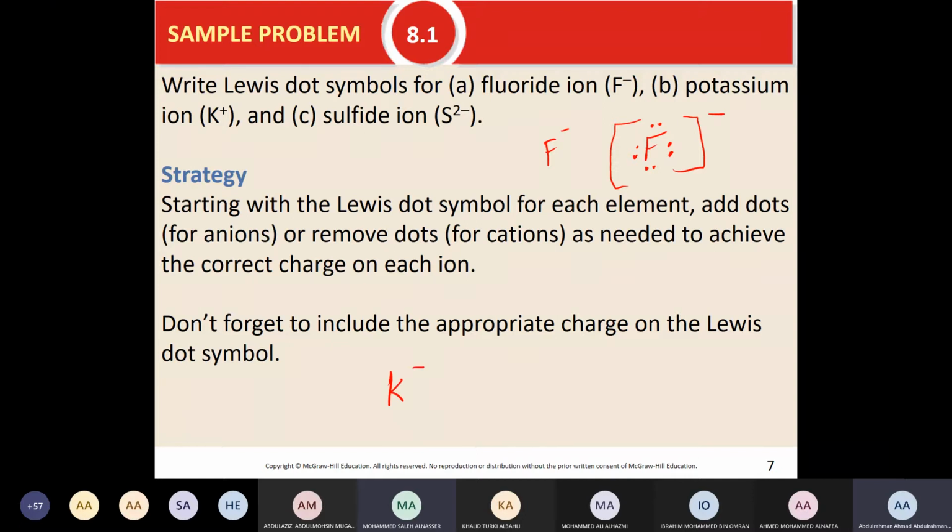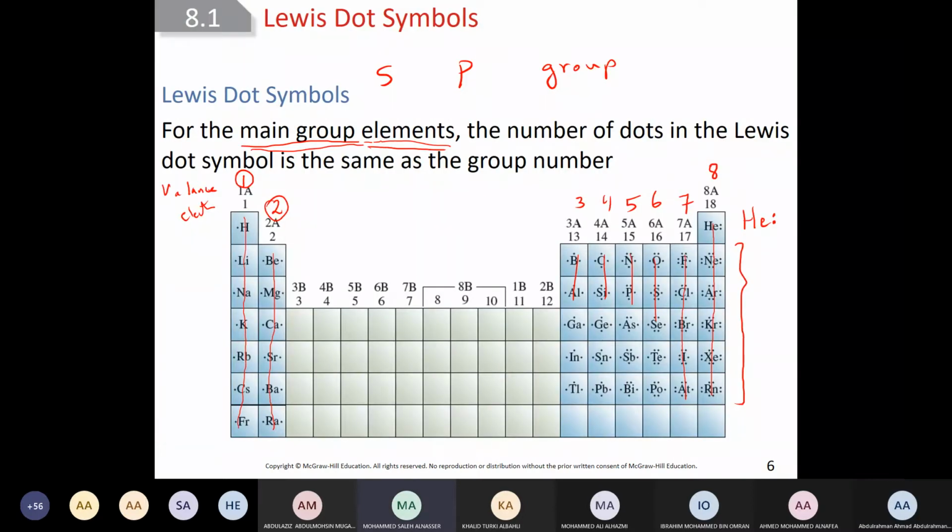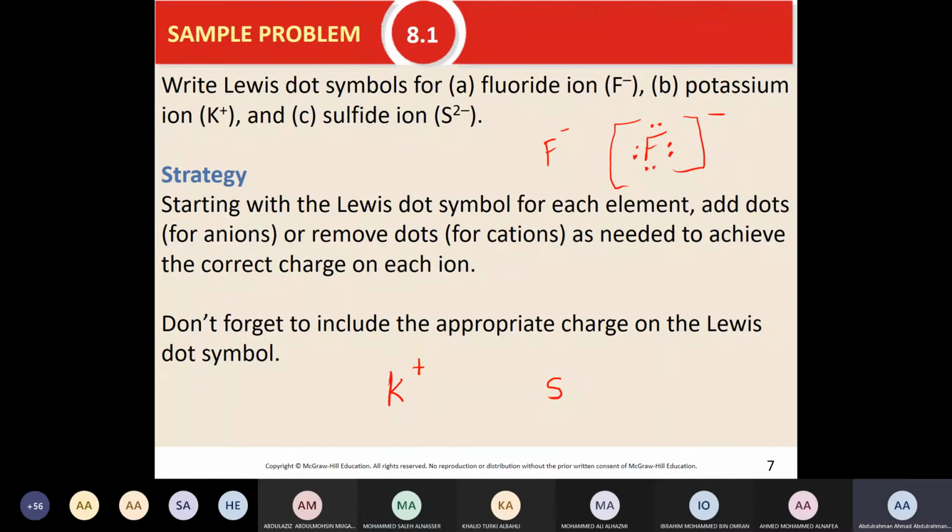No dots at all. Very good. How about S2 minus? It will be 8 dots. So S has 6, 1, 2, 3, 4, 5, 6, 7, 8. Okay, good.